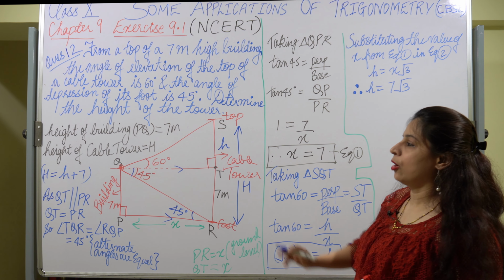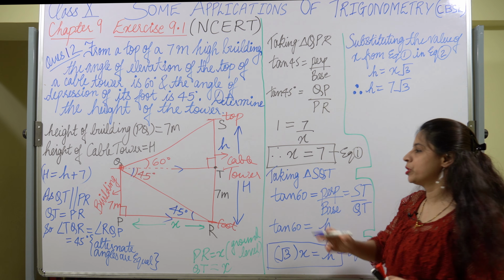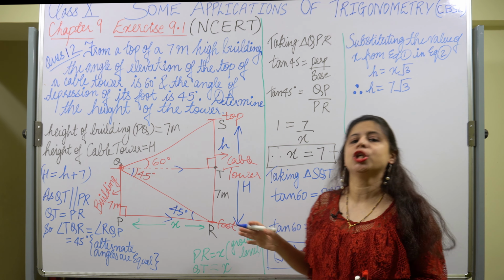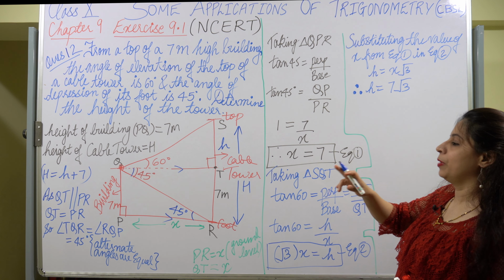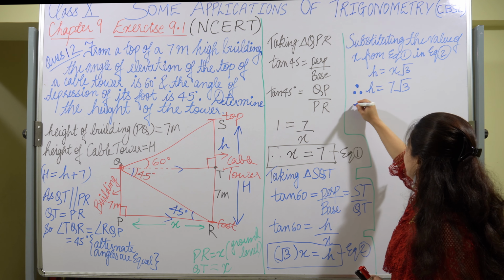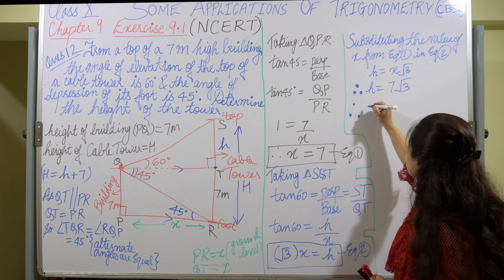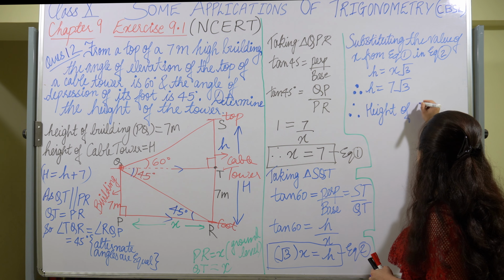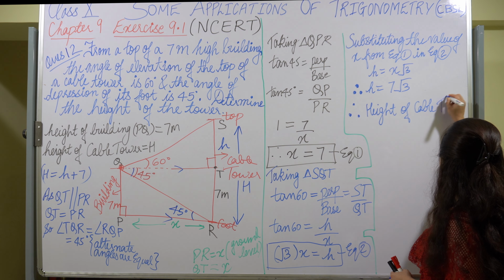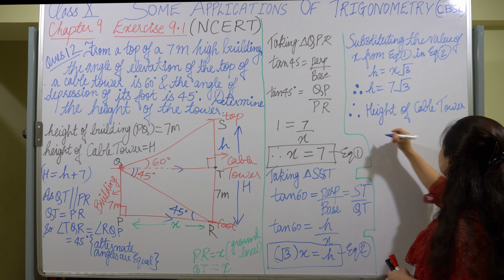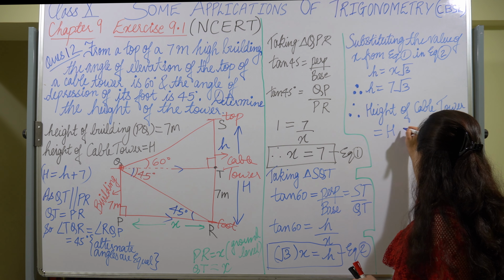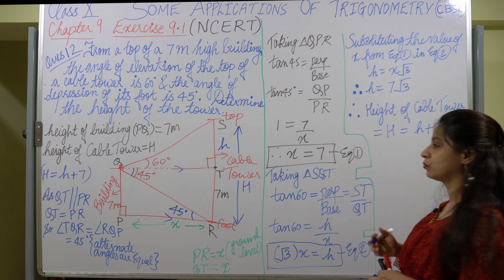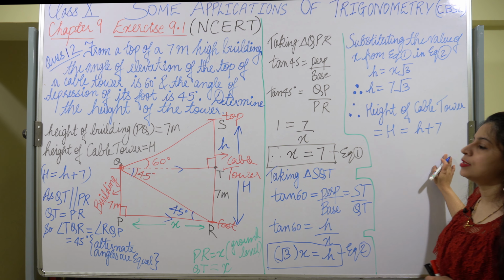Now I need to find out the height of the cable tower, which I have supposed to be capital H. So capital H is equal to h plus 7. Therefore, height of cable tower is equal to h plus 7.